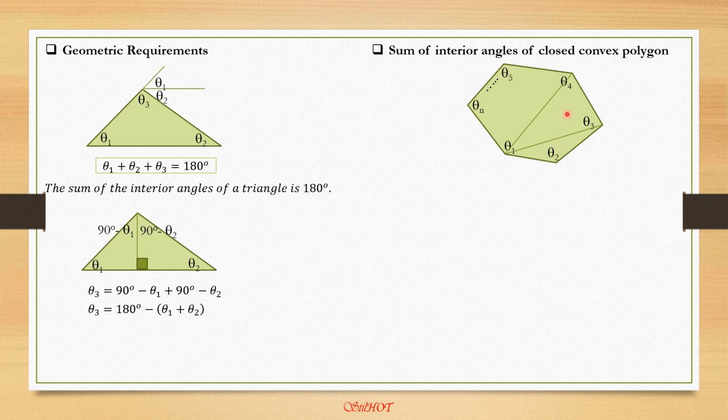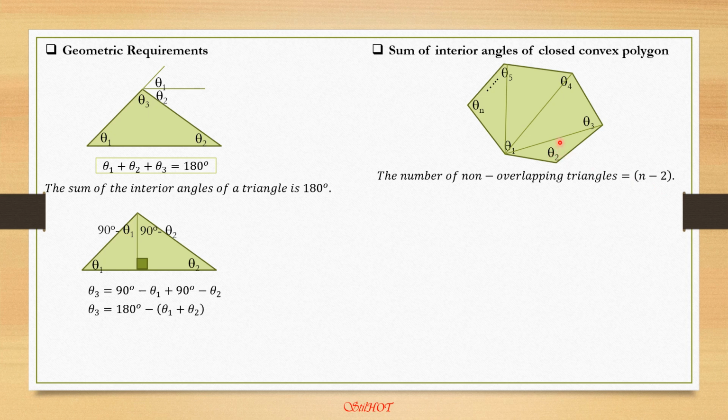For four corners, two. For five corners, three. For 5 corners, 3, and 3 is 5 minus 2. For 4 corners, 2, and 2 is 4 minus 2. So if there are n corners, the number of non-overlapping triangles is in general n minus 2. So the number of non-overlapping triangles that can be drawn from a closed convex polygon is n minus 2.